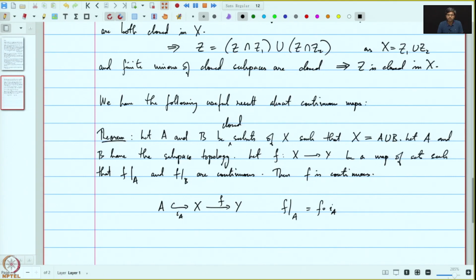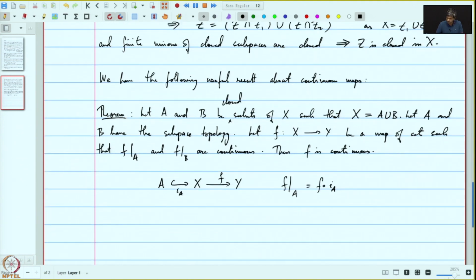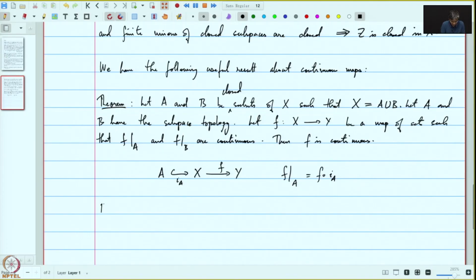So to check that a map is continuous, it suffices if we can write our topological space X as a union of two closed subspaces, or finitely many, and such that f restricted to each of these is continuous. We will only prove this for the union of two closed subspaces, but it will be immediately clear that the proof works for finitely many.